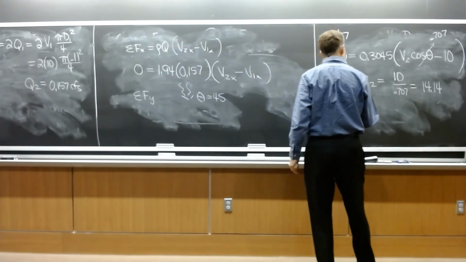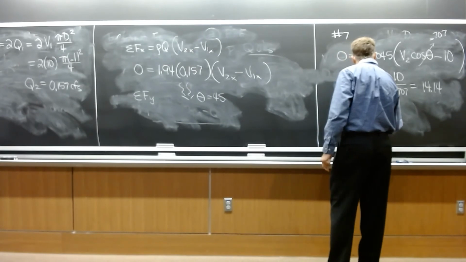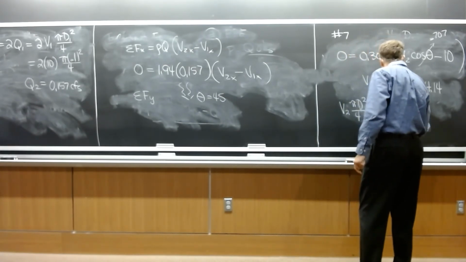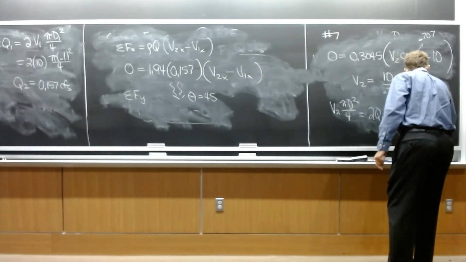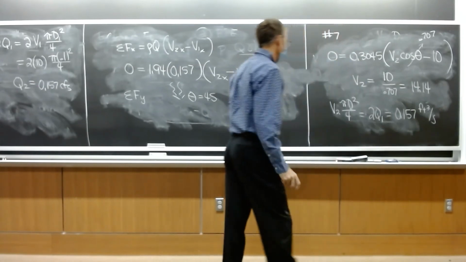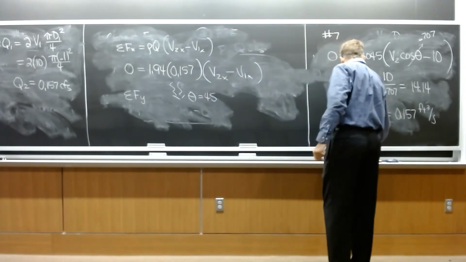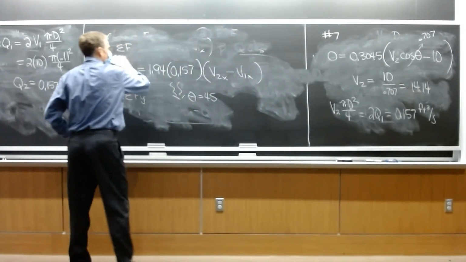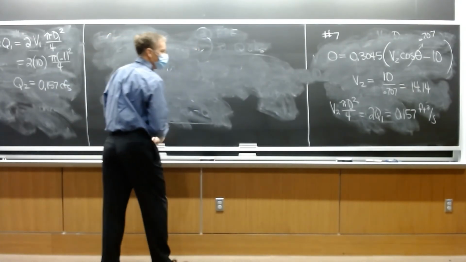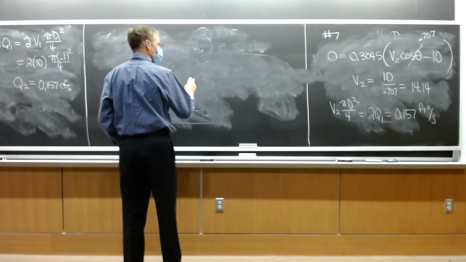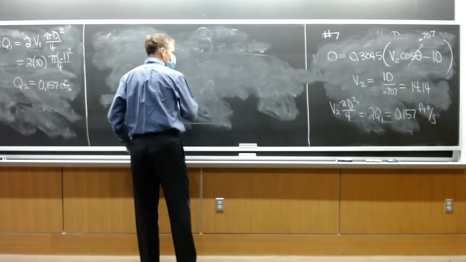And then once we have that, then we can say that, and that has to equal that we had previously, and then you can use that to solve for the diameter of the jet. V2 is, oh, okay, F2.